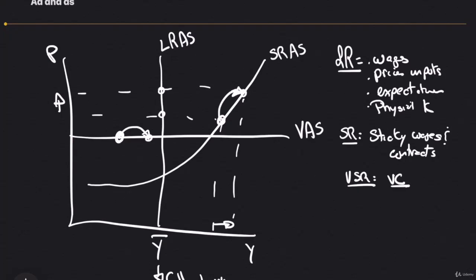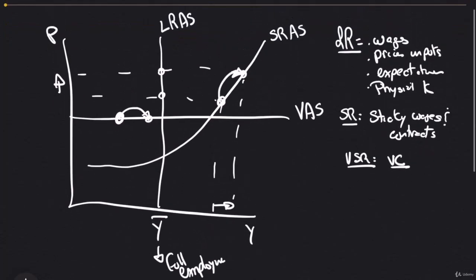Because in the very long run, prices of inputs, all of them, including wages and factors of production inputs, are also going to go up as well. So if prices of output go up, then in the long run, the cost of inputs will go up as well, and they'll adjust, and companies will still be producing the same levels as before.